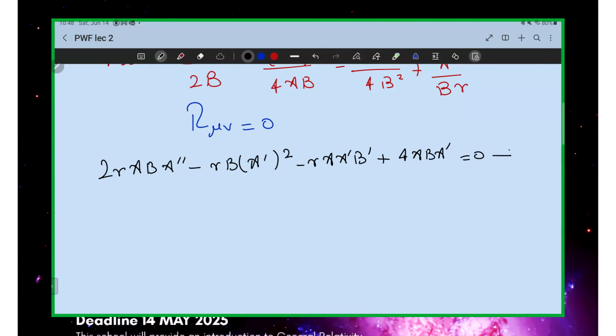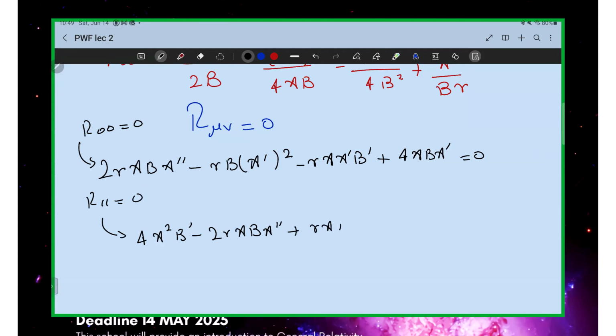This comes from the 0, 0 component. And the next equation, well, let me not write it like this. So 0, 0 being equal to 0 gives you this. 1, 1 being equal to 0 gives you this equation: 4a squared b minus 2rab plus ra A prime b prime plus rb A prime squared equal to 0.